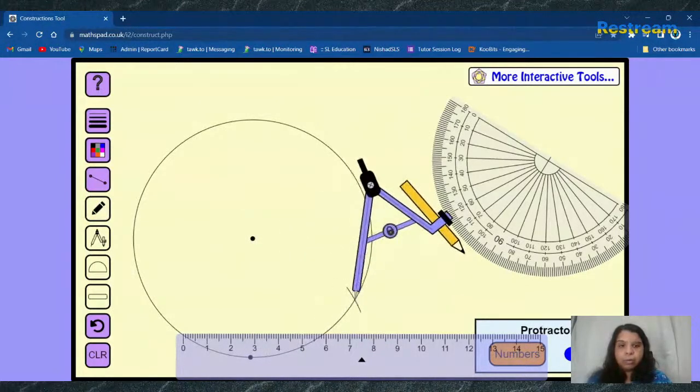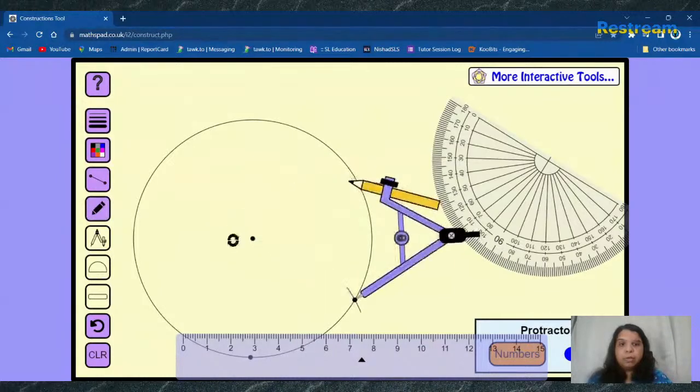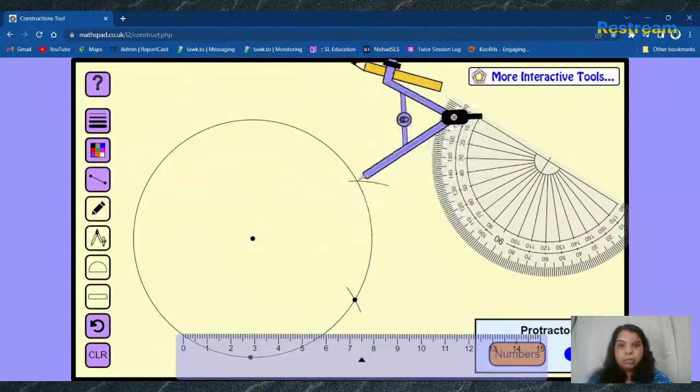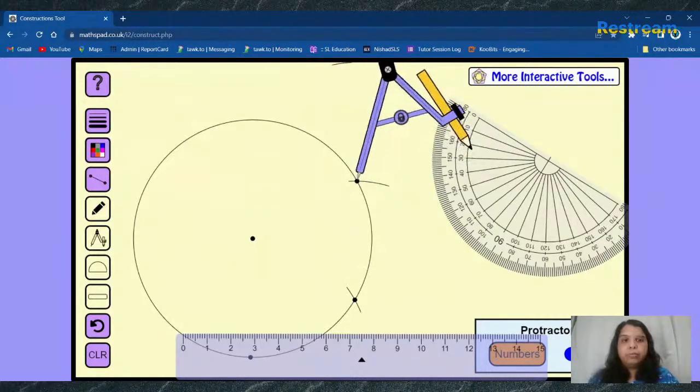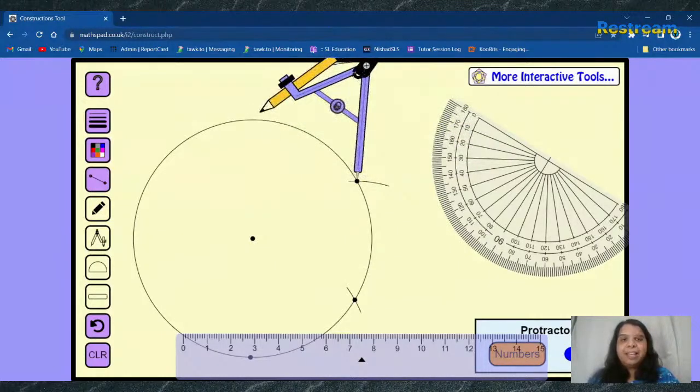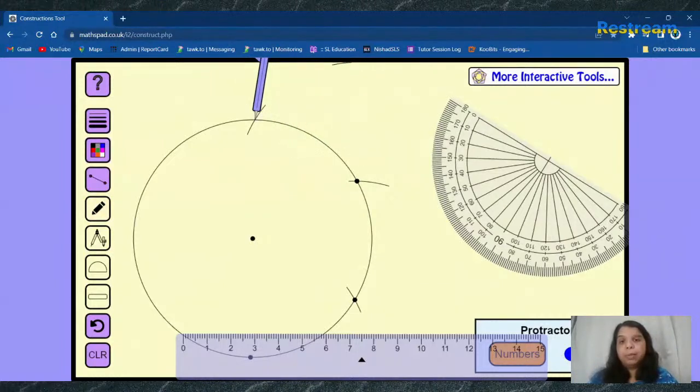The next one, I'm going to put my compass here and I'm going to mark a point here. Next one, I'm going to put my compass here and I'm going to, yeah, it's easier to draw it with normal tools or on paper.